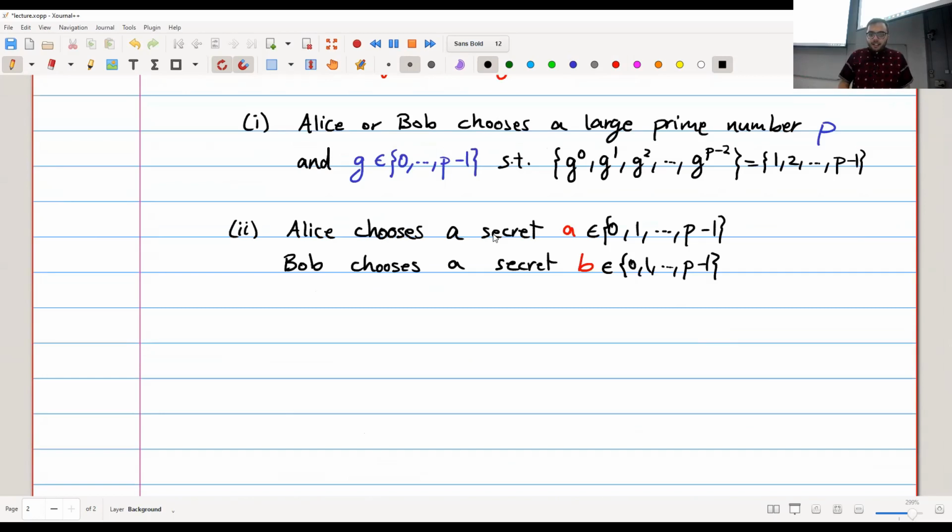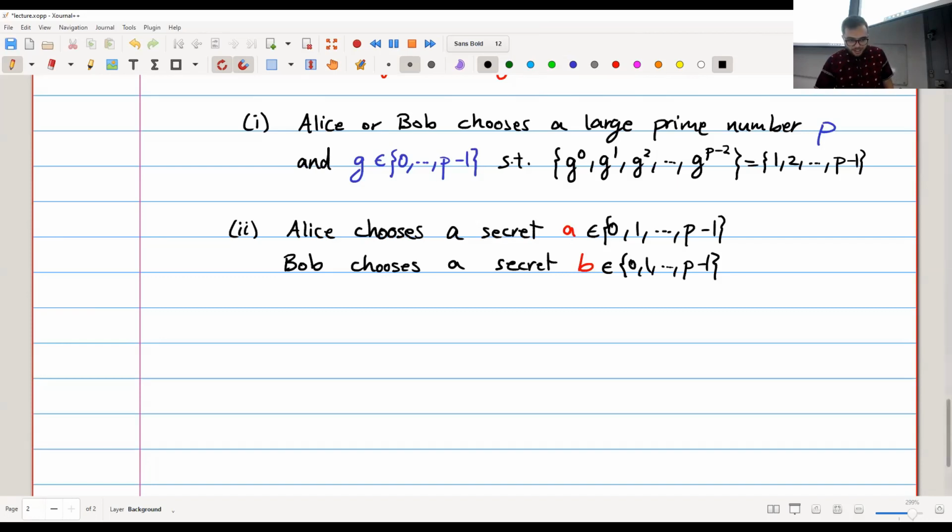Okay. Now I know that Alice should send something to Bob, but she should not send the secret itself. She should send a function of the secret to Bob. That's the function f that we have. So here's where I'm using my number g. I'm just going to say, instead of sending A, compute g to the power of A and send that over.